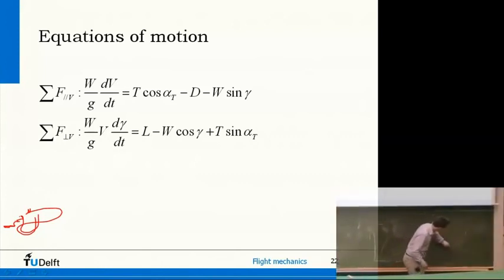So, if you're in circular motion, and you'd call this omega, so the angular velocity, and this the radius, then omega times r equals the speed.